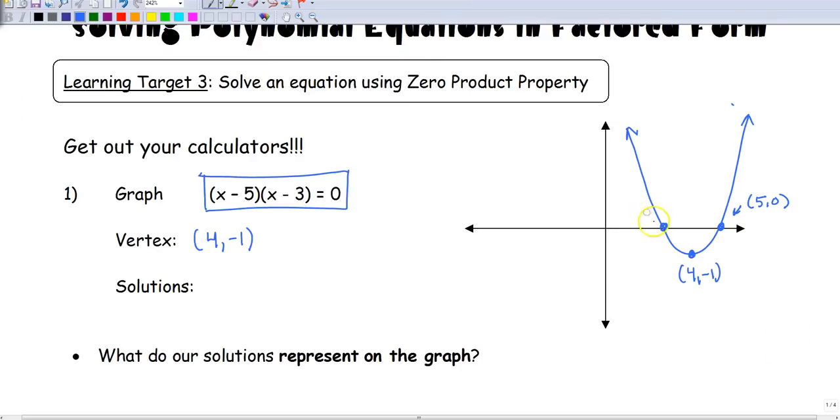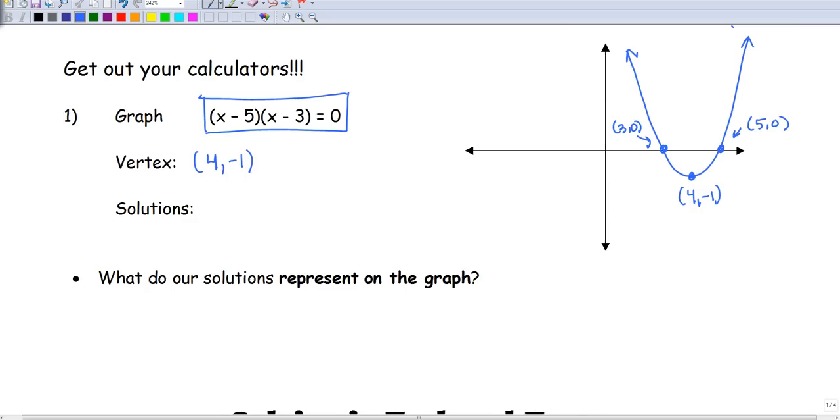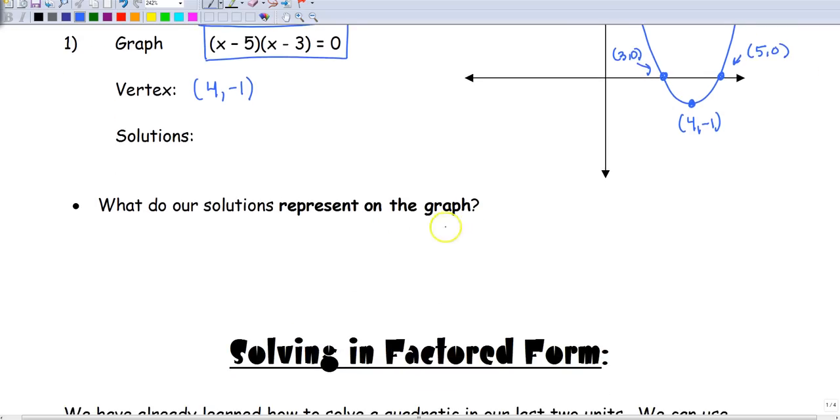And you should get a 3, 0. And again, as a reminder, our solutions represent the x-intercepts of our parabola.